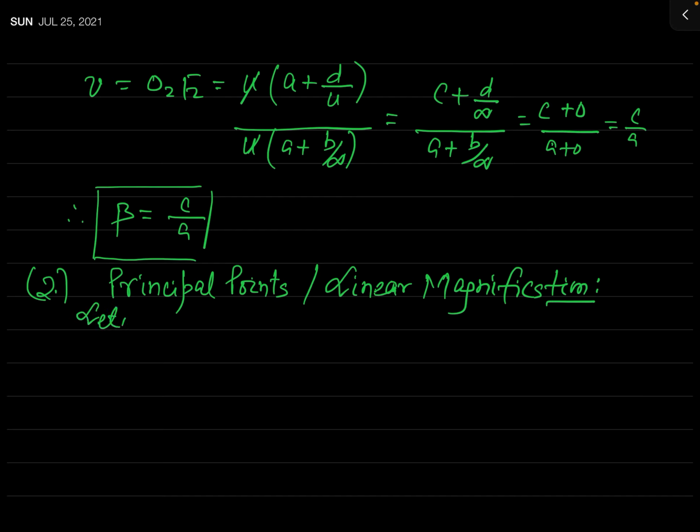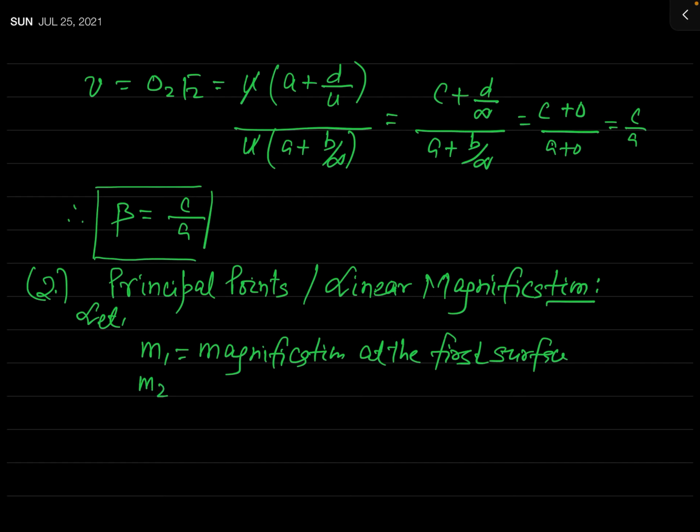Let M1 equal the magnification at the first surface. When you say at the first surface, it means this is the magnification of the image formed at the first surface. Similarly, we consider that M2 is the magnification at the second surface. It means it is the magnification of the second image, that is Q.